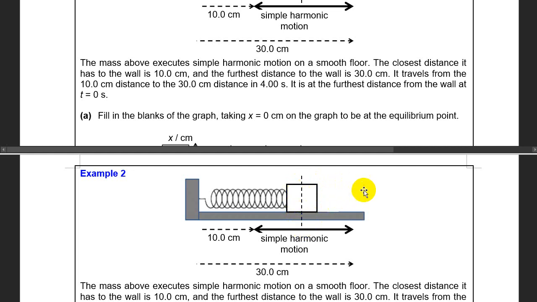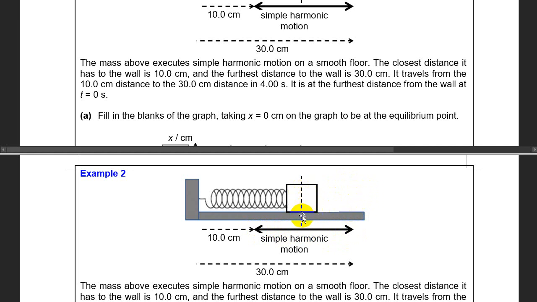So just now, at the beginning, when it's here, it is 30 cm from the wall. This point here is 20 cm from the wall. So when it's here, how far away is it from the center point? We just figured out that this is 10, 10. So at the furthest point, it's actually 10 cm from the center point.